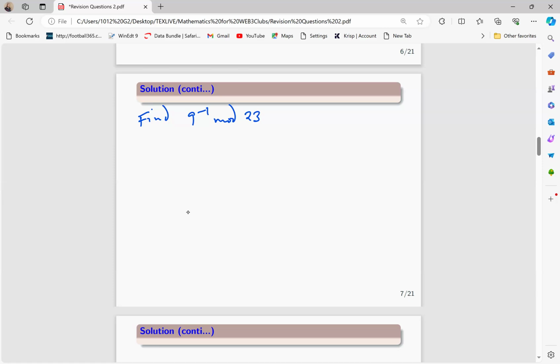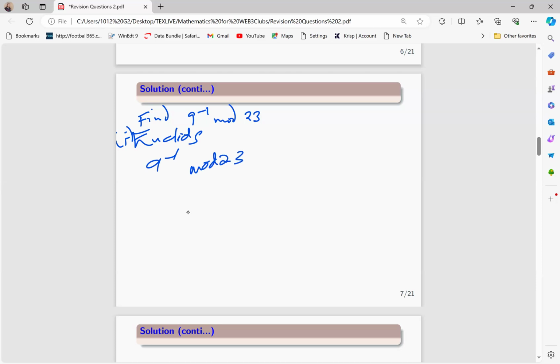So first of all, what he said is you do the Euclid theorem first. You find maybe the GCD. So that's step one. Step one is Euclid's. So the question is 9 mod 23.